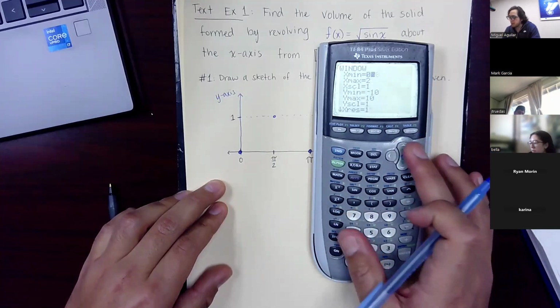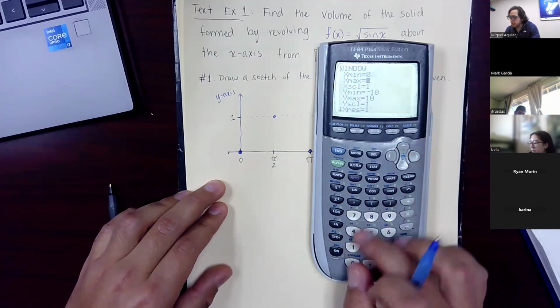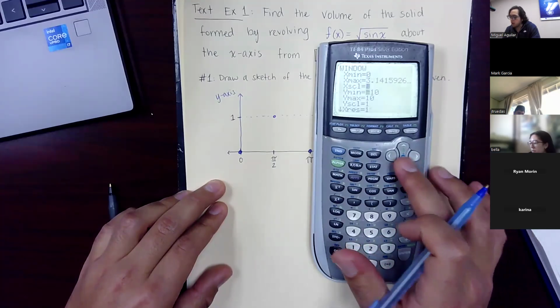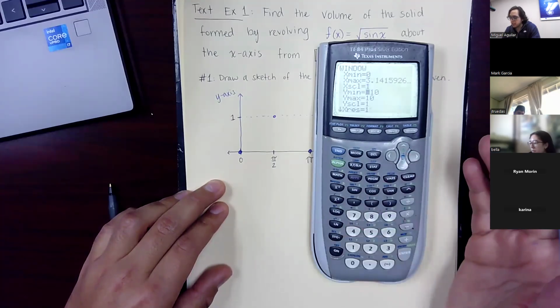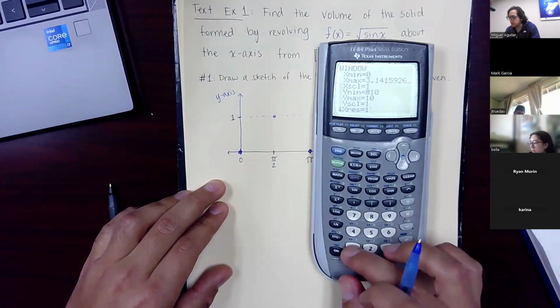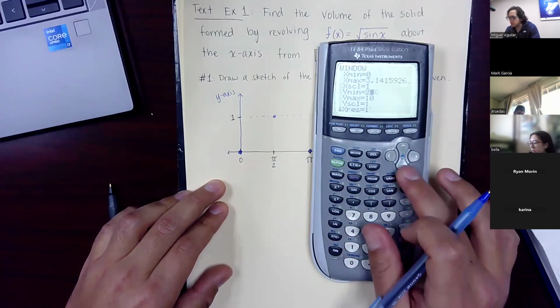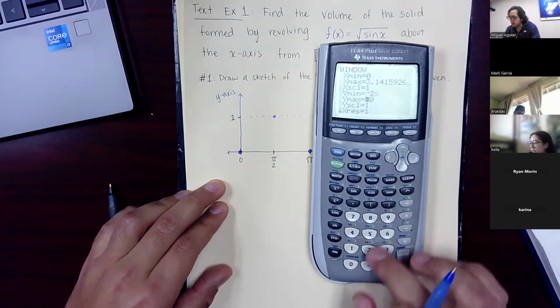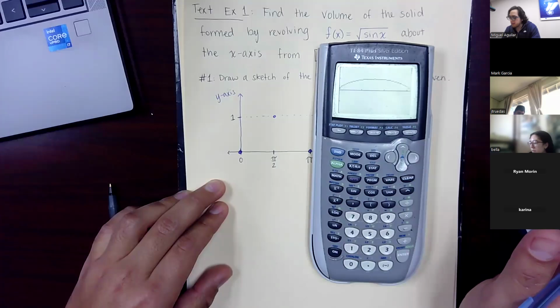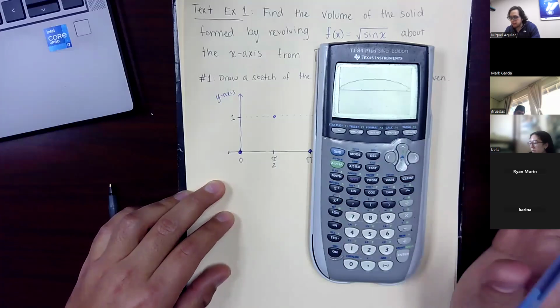So I'm going to go from 0 to pi. We can put pi in here. And then the y values don't go all the way down to -10 and up to +10, so we could do -2 to 2. And we can see this kind of upside down parabola type shape.